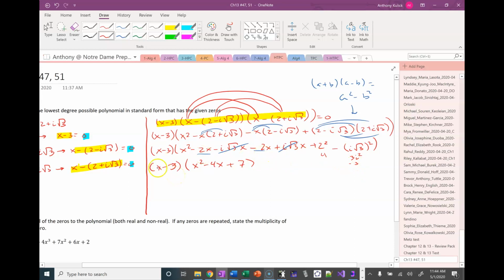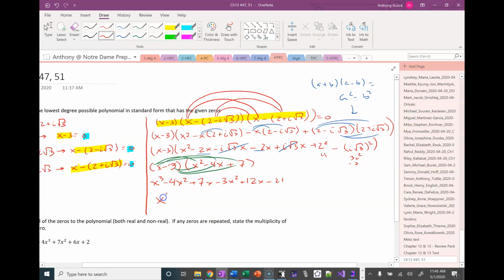So that's probably the hard part, and then I'm just going to multiply these two polynomials out. So multiply the x to all the different places. So I have x cubed minus 4x squared plus 7x, and then multiply the negative 3 to all the places. So I have negative 3x squared plus 12x minus 21.